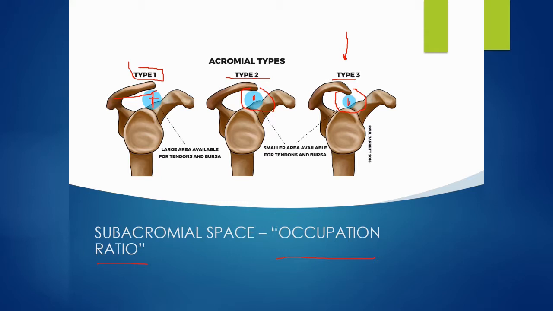So when either of these phenomena, such as changing in shape of the acromion process and/or thickening of the rotator cuff tendons, when either of those two processes take place, it accelerates the development of degenerative tendinopathy.